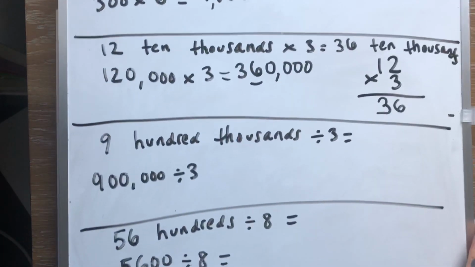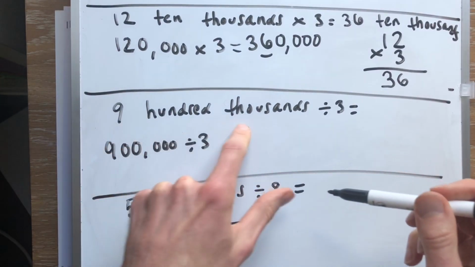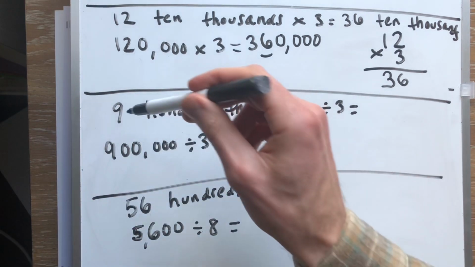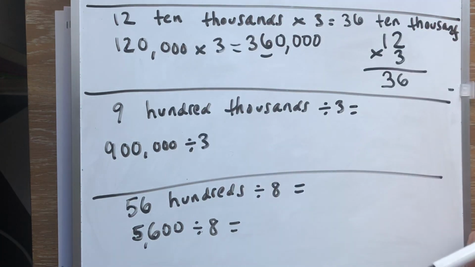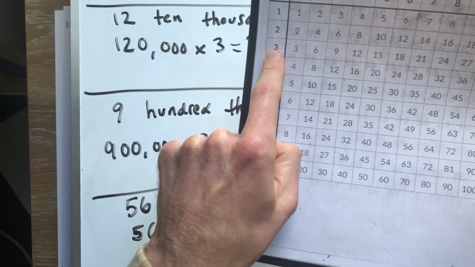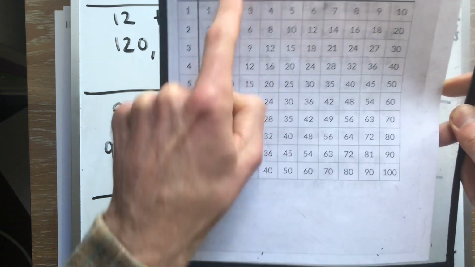I'll look at a similar one that I'll figure out. 900,000 divided by 3. It's the same kind of thing, but I really just want to know, what's 9 divided by 3? If you're not sure, you look at your 3s and try to find that 9. So 3 times 3 equals 9.